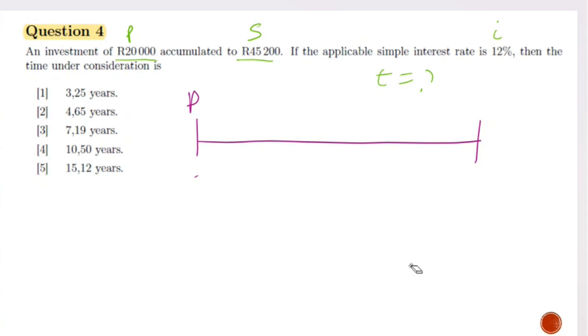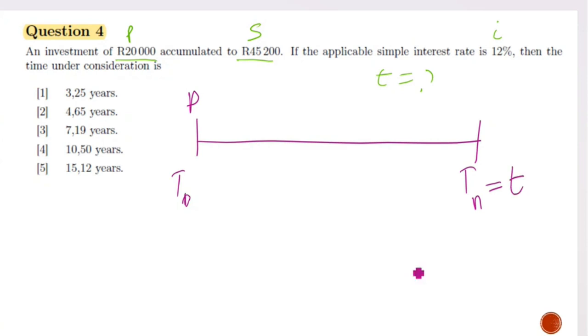Your T1, let me write, this is your T1, your present value. This is your T0. It has accumulated here. That is your Tn, but you don't know the number of years you're looking for.